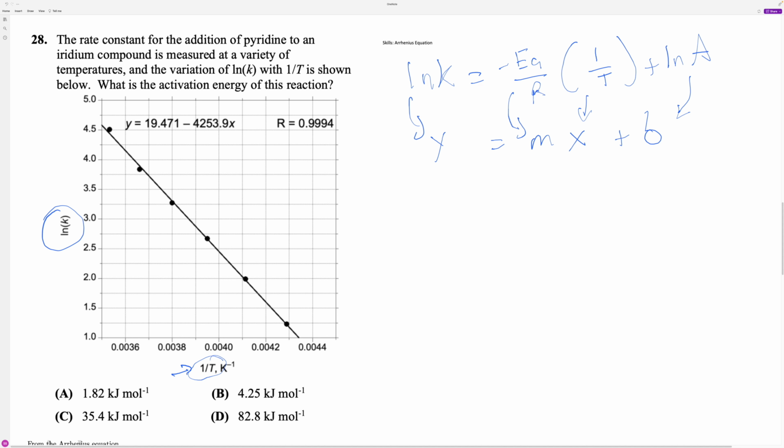So it's asking for the activation energy, and that's going to come from our slope, which is negative EA over r, and it actually gives us the slope value, negative 4,253.9. So to find our EA, we're just going to do some calculations here.